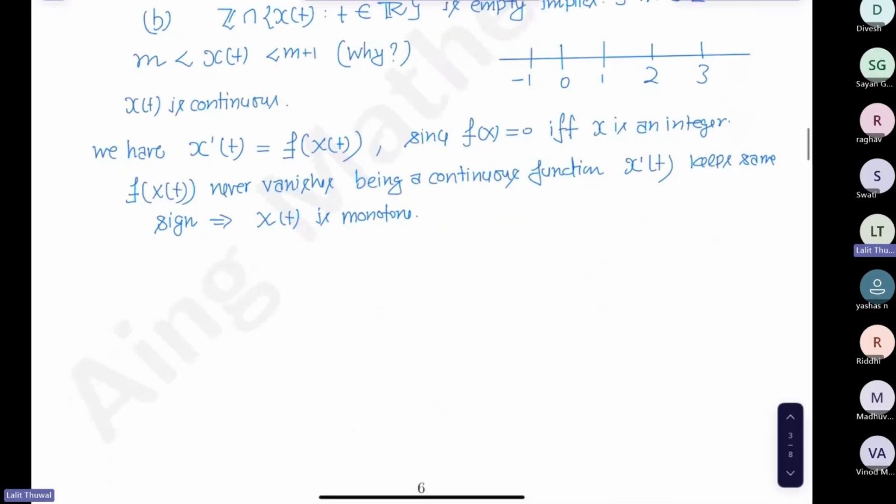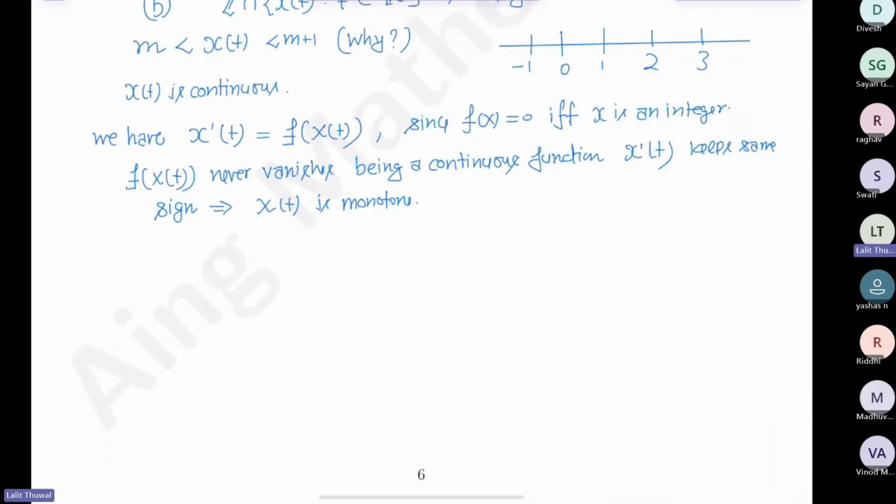So if x(t) is monotone, this implies the limit of x(t) exists, right? Now it might be infinity, it might be minus infinity, but in the extended plane at least it exists.